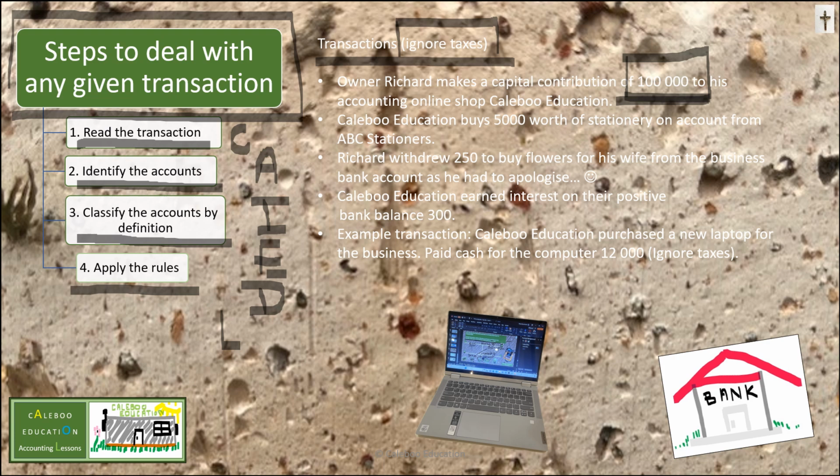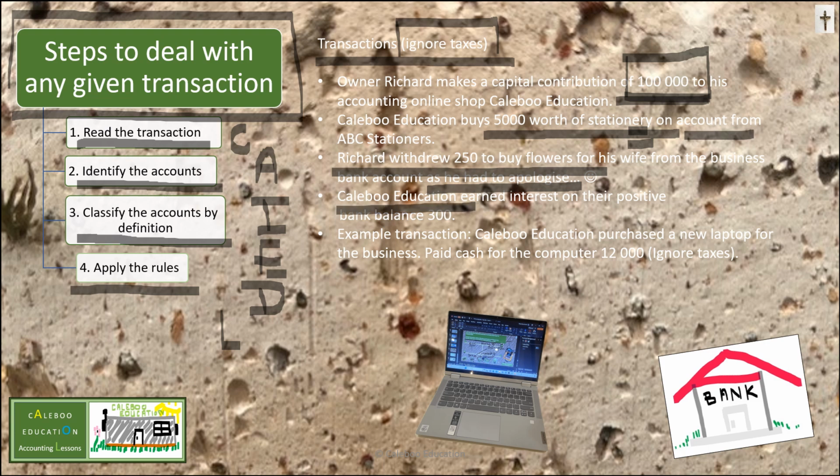Calibu Education buys 5,000 Rand worth of stationery. So we're going to buy stationery and it's on account. Just stationery is spelled with the E, not an A. Then Richard, the owner, withdraws 250 Rand to buy flowers for his wife as he needed to make an apology.